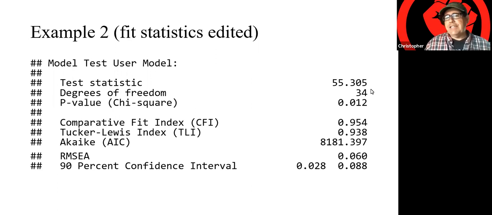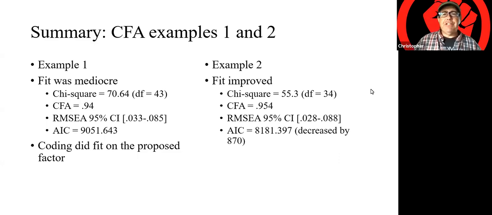For the AIC, we'll have to compare that to the previous values. The root mean square error of approximation, or the RMSEA, is reduced a little bit, but the confidence interval is not improved very much by removing coding. Just comparing the two, CFI went up, the RMSEA confidence interval got a little bit wider. The AIC decreased by about 870 points. That's suggesting that the model did get a little bit better once we tossed out coding.